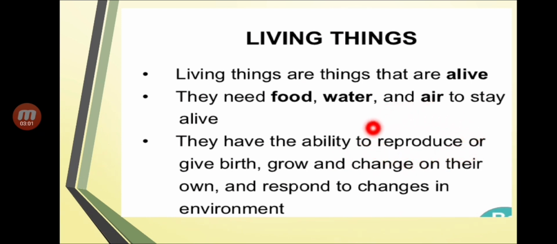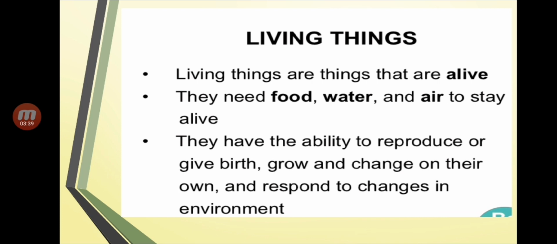When we say reproduce, it means they can make other living things, and they also grow, from small to big. An example of that is a baby. A baby will grow from child to adult, right? And they can also respond to changes in the environment. That is all about living things.